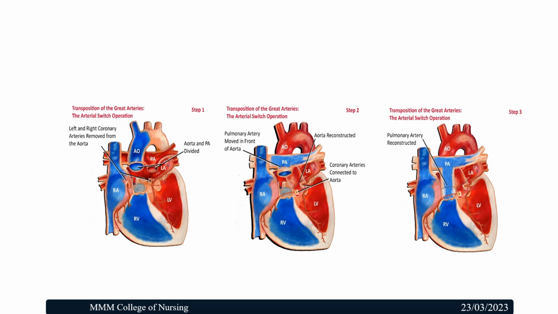The left and right coronary arteries are removed from the aorta, and you can see in step 1 the pulmonary artery moves in front of the aorta. Then in step 2, the pulmonary artery is reconstructed. Yes, so this is the arterial switch operation.